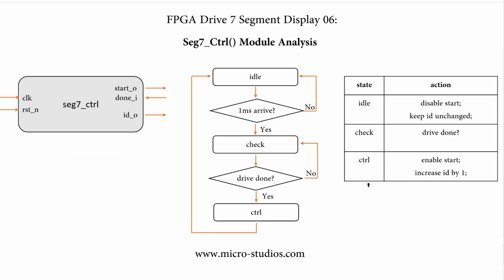So this is the state machine for the 7-segment control module, and this is the action we need to do at each state. Okay, so this is the segment 7 control module analysis.